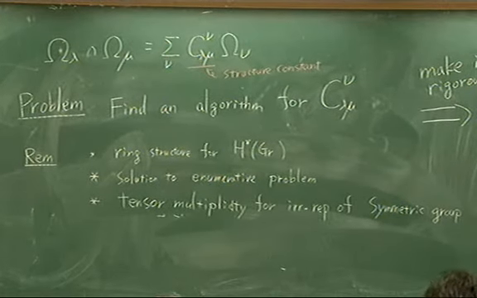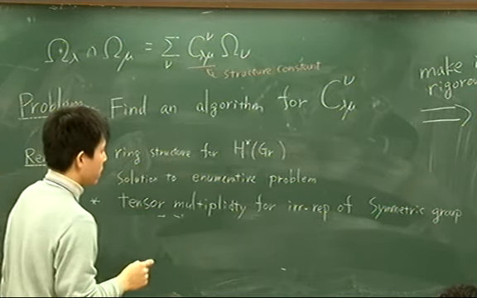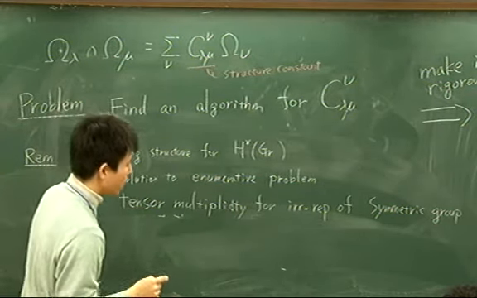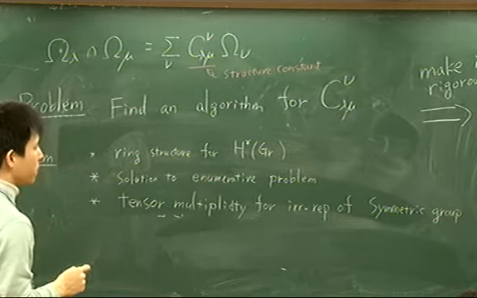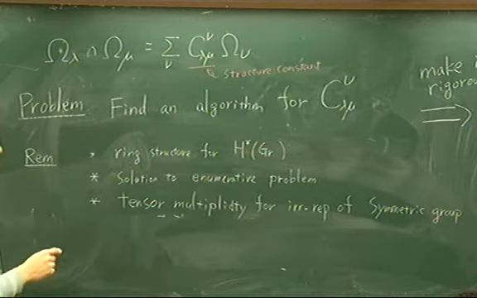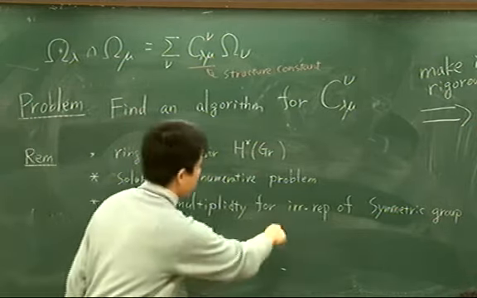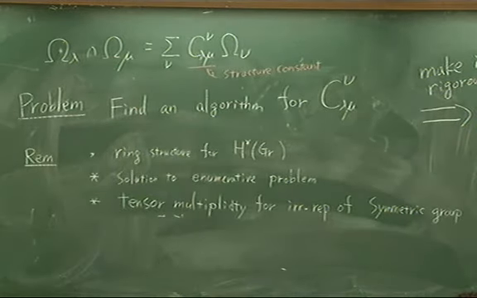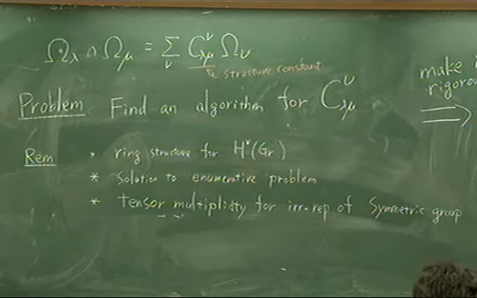That is actually a Young diagram, and Young diagrams correspond one-to-one to irreducible representations of the symmetric group, and this gives the tensor multiplicity for the decomposition of two irreducible representations.